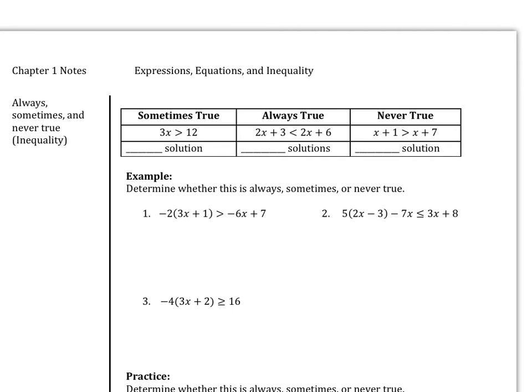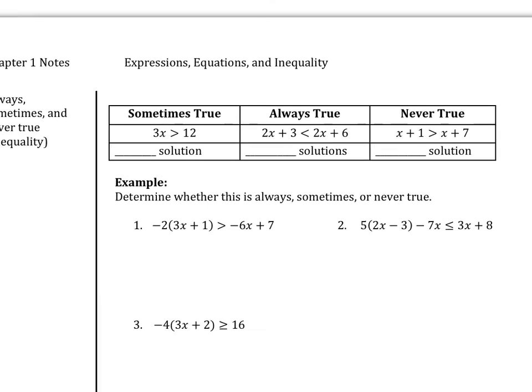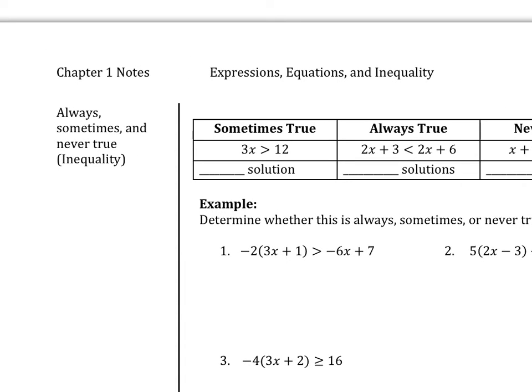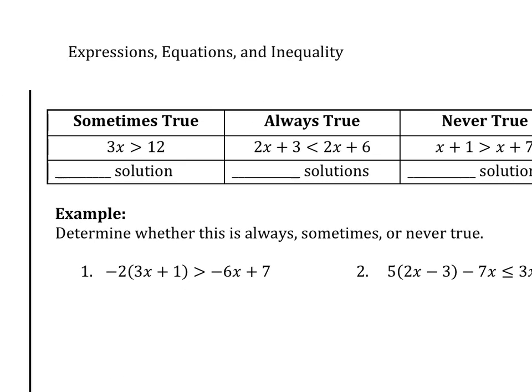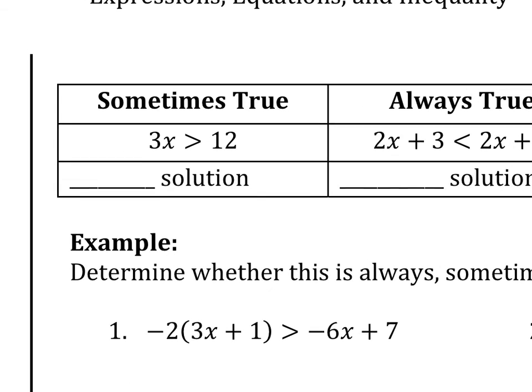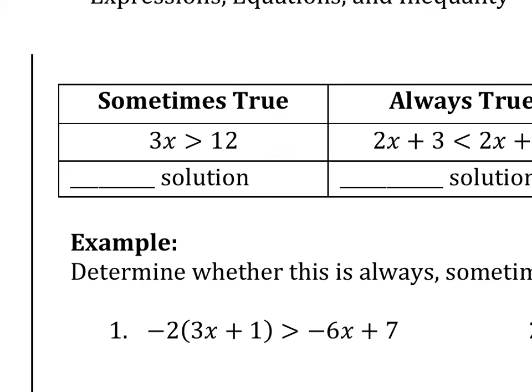All right, in this section, the last part is this always, sometimes, but never, and with inequality this time. So same idea as before. Let's just solve it and I'll show you why that is. Okay, so first question, 3x greater than 12. So what is x? Divide by 3, x is greater than 4.